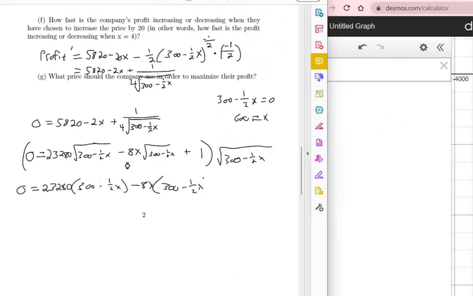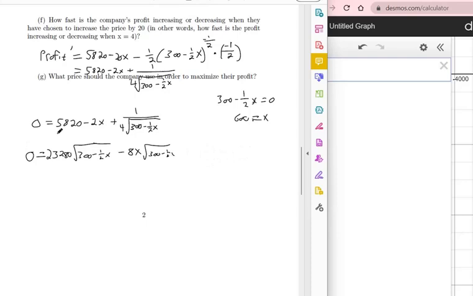Okay, and then to find the other critical points, to set it equal to 0 and solve, I started doing it algebraically. And I realized that the algebra is probably going to be too much for the students that we have in the class, just because our algebra background might not be as strong as what's required for this problem. What you'd want to do is multiply this denominator to everything, and then multiply everything by this denominator again, or you could just multiply by 4 times 300 minus 1/2 x.